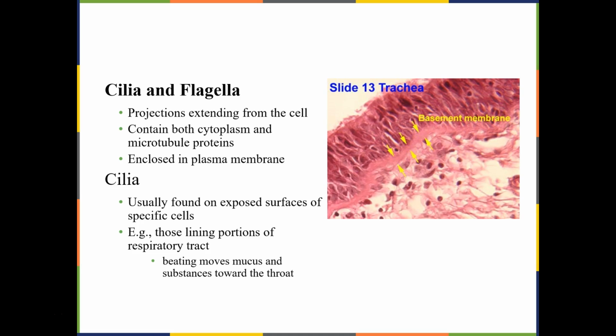So over here you see the trachea. Trachea contains ciliated cells, and these ciliated cells beat mucus away from the lungs and towards the throat so that mucus doesn't get trapped in our lungs, and any materials that we breathe in don't get into our lungs, and instead we can spit or swallow that material, and then it doesn't cause us breathing problems.